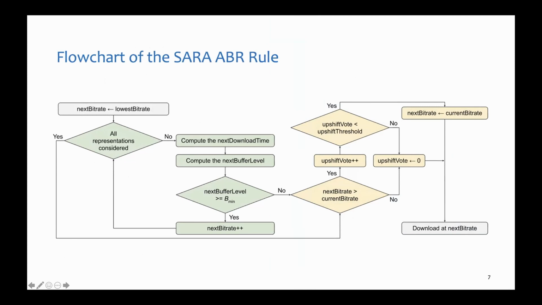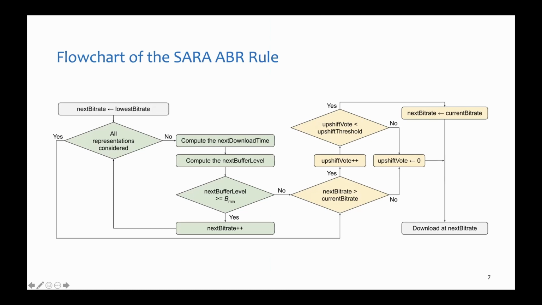The only thing I want to say is that the left-hand side, the green component, is where the size-aware logic is. We know the size of the segments in advance, so we actually take those into account when making a decision. And the right-hand side, the orange boxes, is an optional feature that adjusts our upshift aggressiveness.